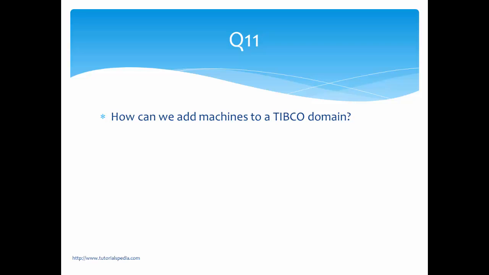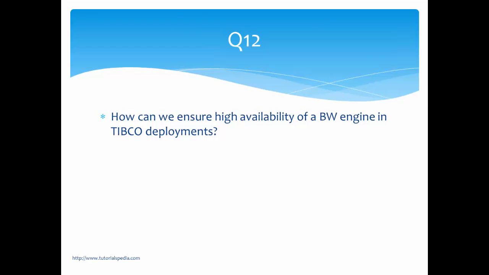So you should have a fair understanding of how the domain utility can be used and what features are available within it. Alright, moving to question number 12: how can we ensure high availability of a BW engine in TIBCO deployments? High availability is very important for organizations for any solutions being deployed in production.